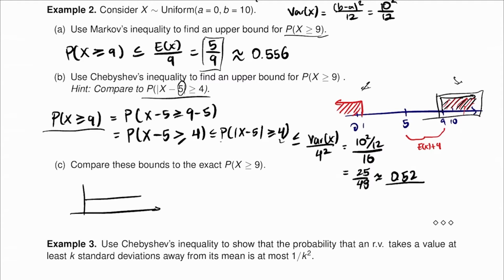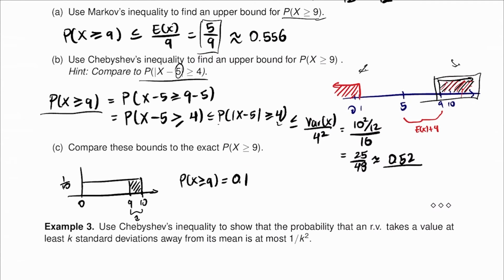The PDF should have a height of 1 over 10 because it's between 0 and 10. And we want to calculate the probability that x is greater or equal than 9. So we want this region, and this region is the distance 1 times 1 over 10. So this probability should be 0.1.